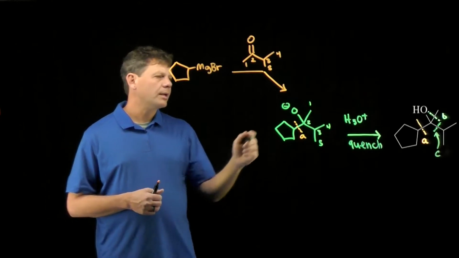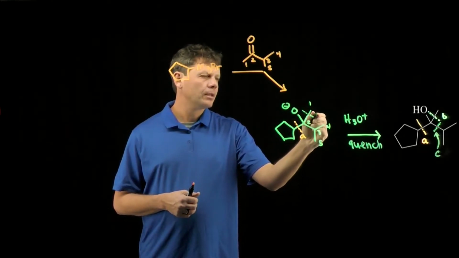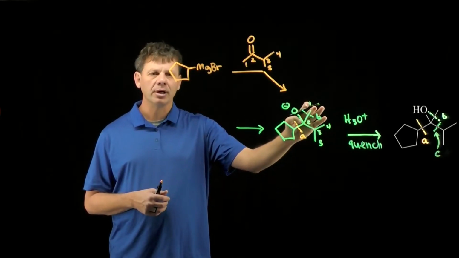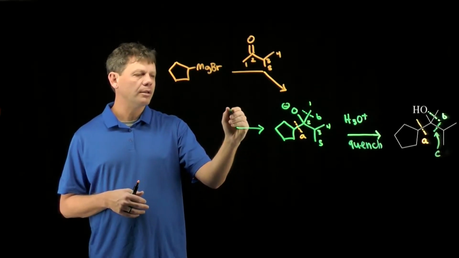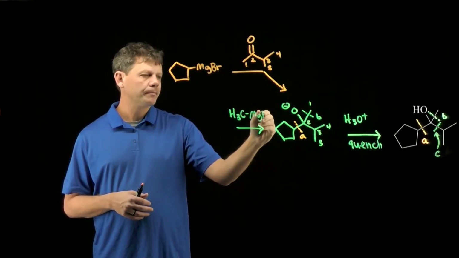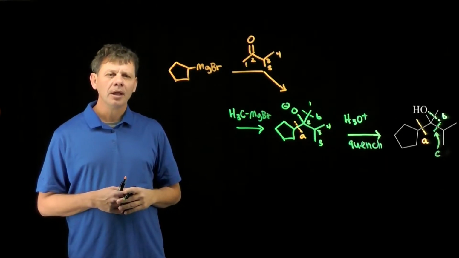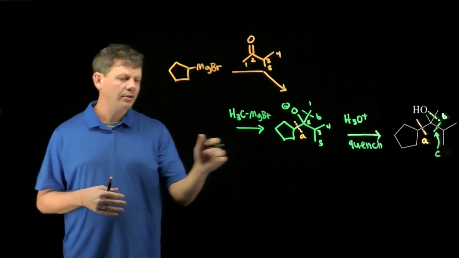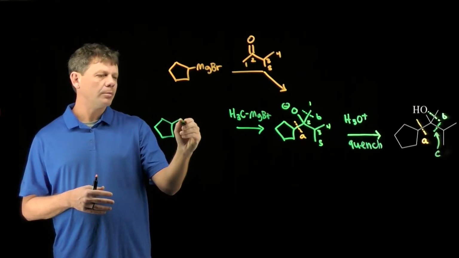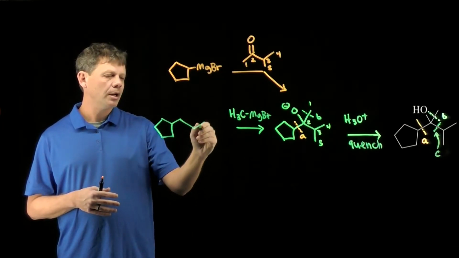What if we wanted to make bond B? Well, now we're going to be adding a methyl Grignard, and just to mix it up, we'll write the methyl Grignard over the arrow in this way. The rest will be the ketone. So we'll have the 5-membered ring, and then we go up to carbon 2, down to carbon 3, up to 4.